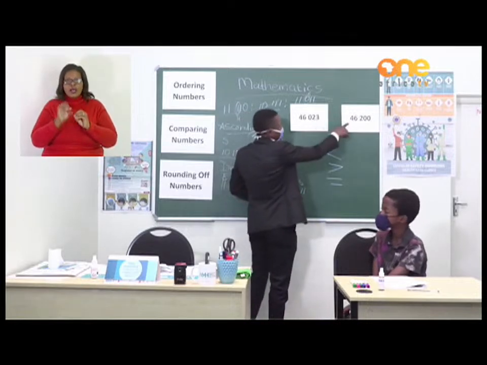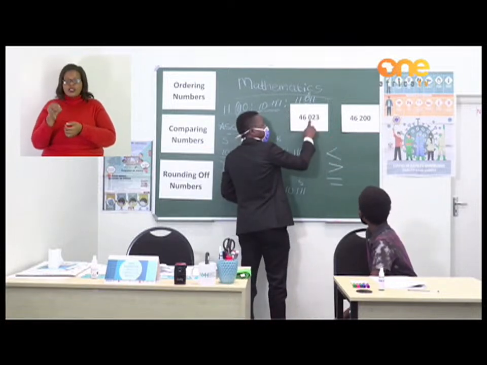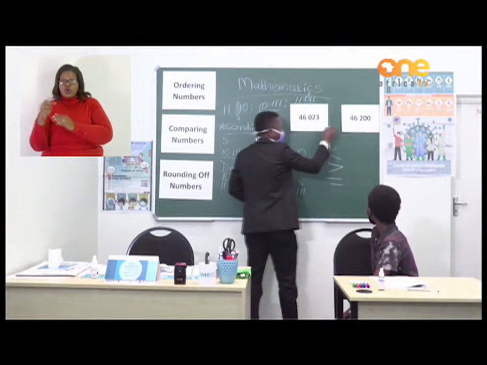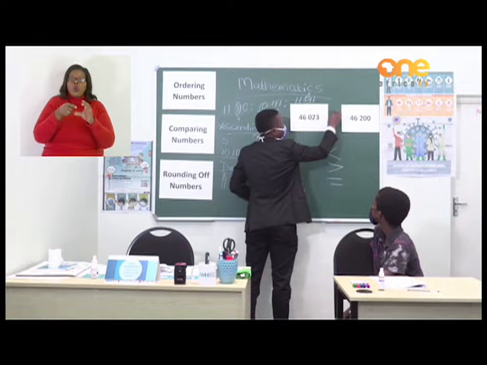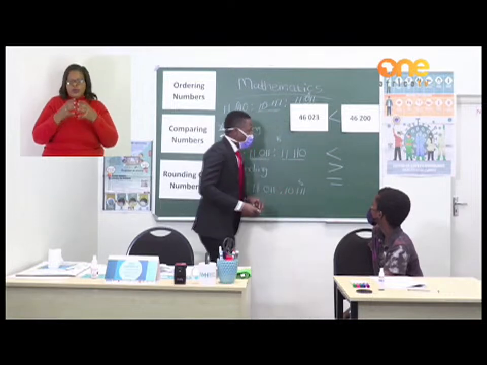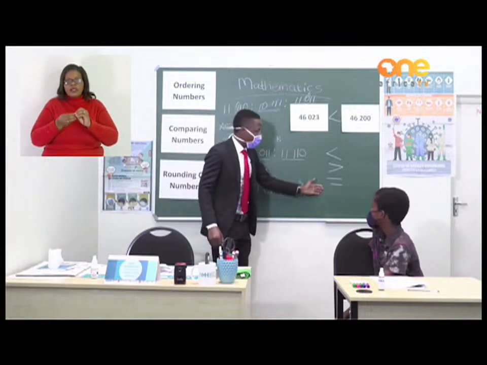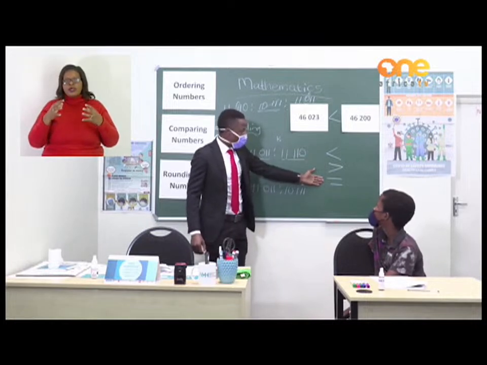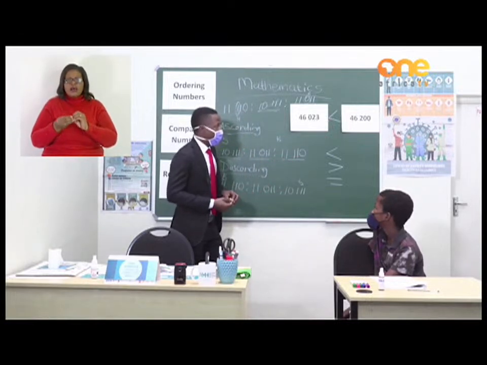So if you look at these numbers, 46,000 and 23, but here I have 200, meaning this is bigger than this. So the crocodile here will obviously go and eat the number which is big. So in short, comparing numbers, we use the relationship signs, smaller than, greater than, and equal to, to see which number is bigger than the other.